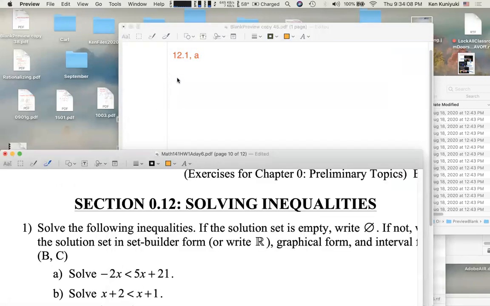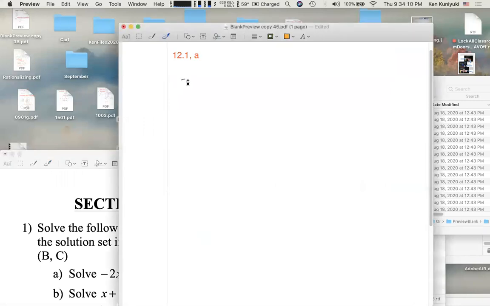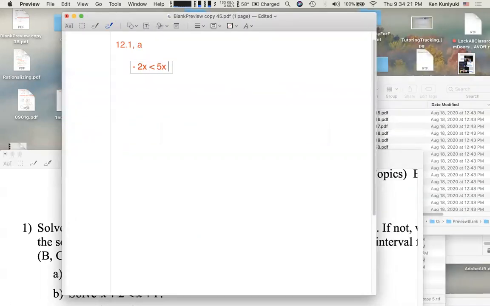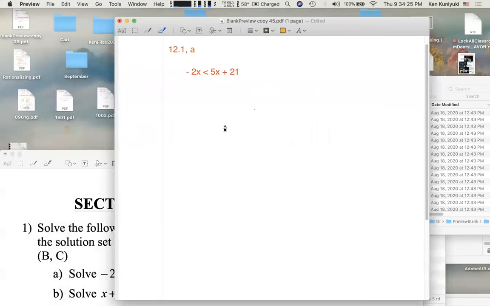Negative 2x is less than 5x plus 21. Okay, so there are different ways of doing this. I think a lot of students would subtract 5x.